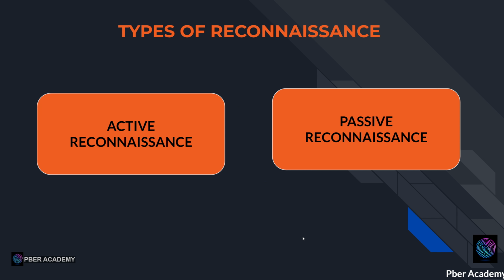There are two types of reconnaissance: active reconnaissance and passive reconnaissance. In active footprinting, you directly interact with the target system to gather information. This can include pinging the target, port scanning, and using network mapping tools.